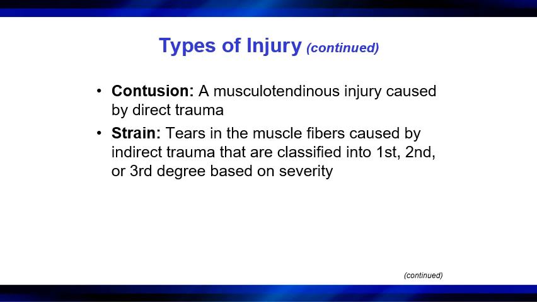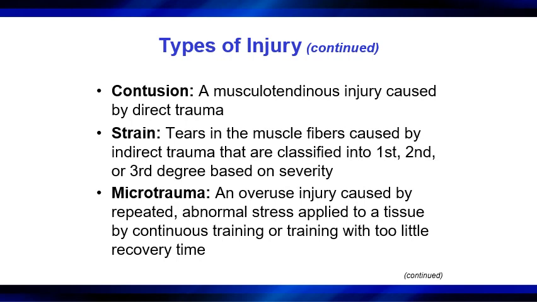A strain is when you have a tear or extreme stretch to the muscles. So a sprain is to ligaments, a strain is to muscles. Same as with the ligaments, strains are classified first, second, and third degree based on severity, with the same idea behind how you would classify them.